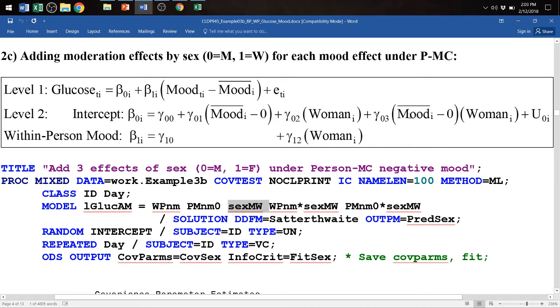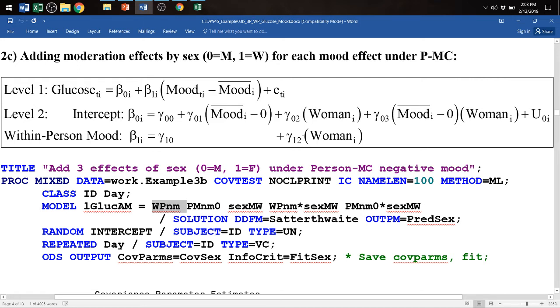And gamma 03, tied to mood with a bar over it and gender? Yeah, that one. Then if we go down here, which I've already told you is the within person effect of mood. Gamma 10, this one, and then woman sitting here by itself.